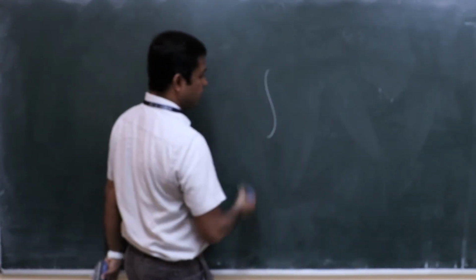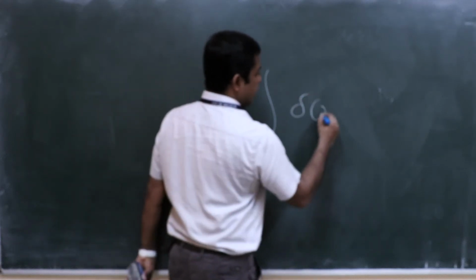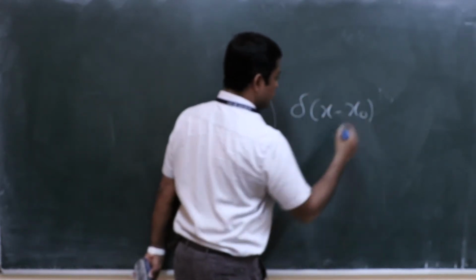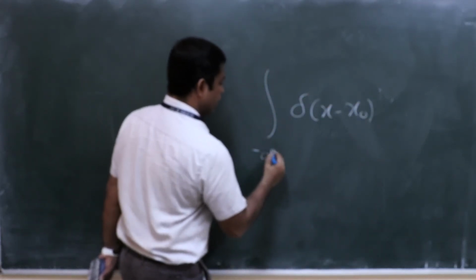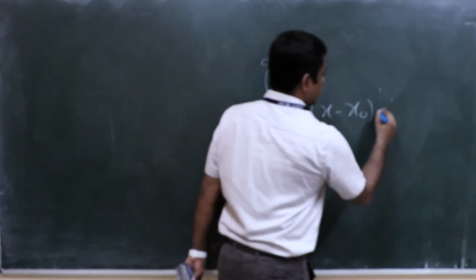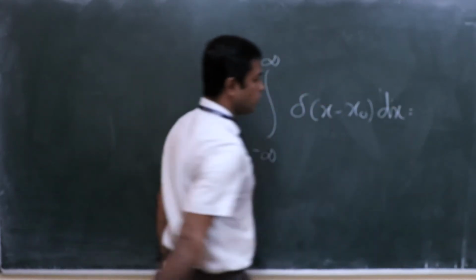Can you tell me, suppose the integral of delta of x minus x0 from minus infinity to infinity dx, what is this equal to?